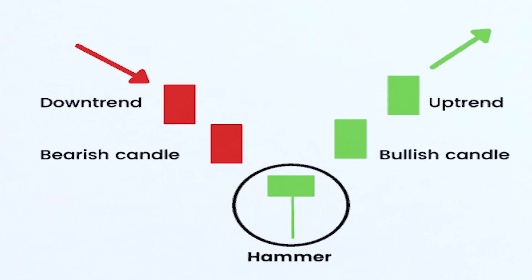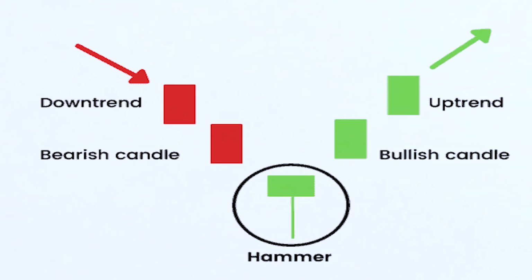The hammer pattern is one of the most recognizable and powerful reversal signals. It forms when a currency pair trades significantly lower than its opening but rallies to close near its opening price.